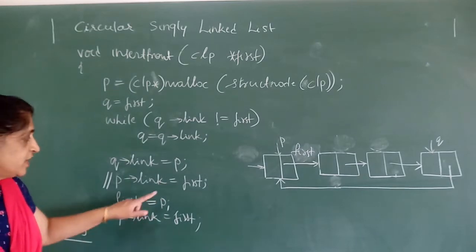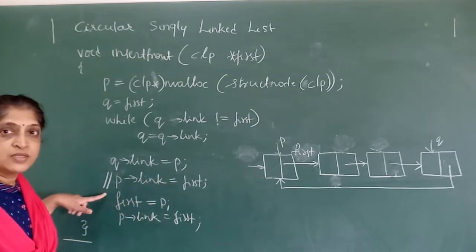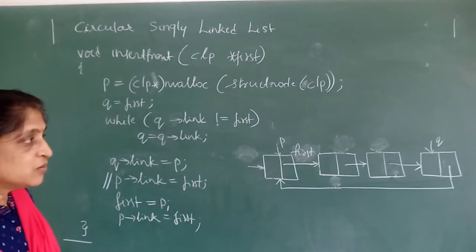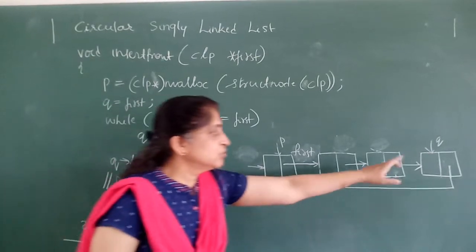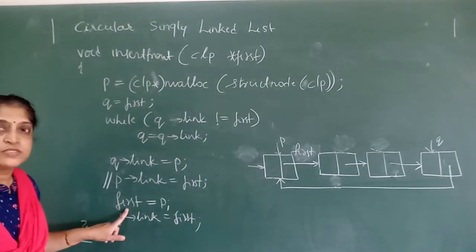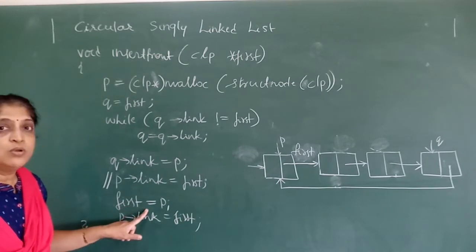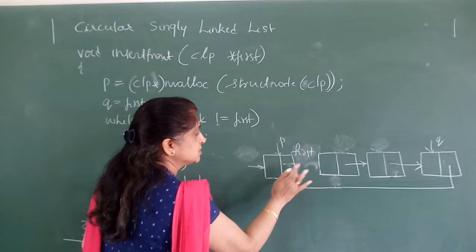What happens if I write this statement after the others? I have written q link is equal to p, so q link will start pointing to this node. After this, the next executable statement is first is equal to p. Now I have not done the commented one.